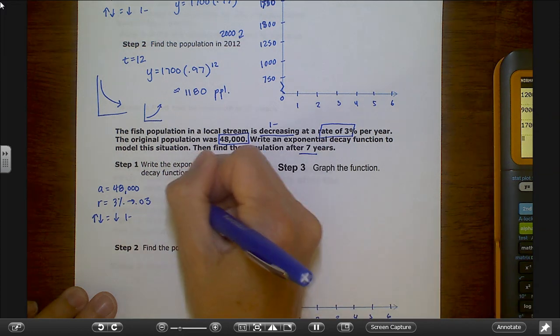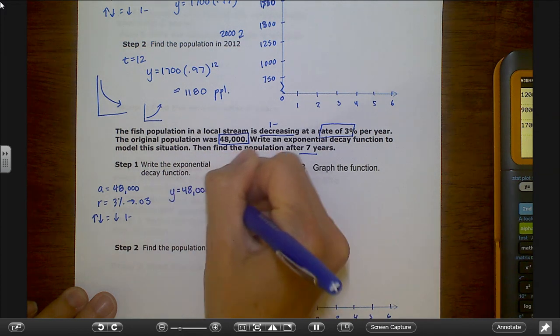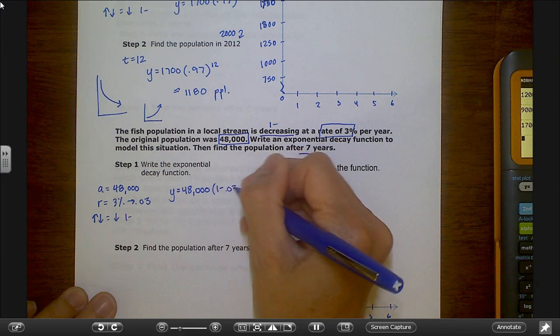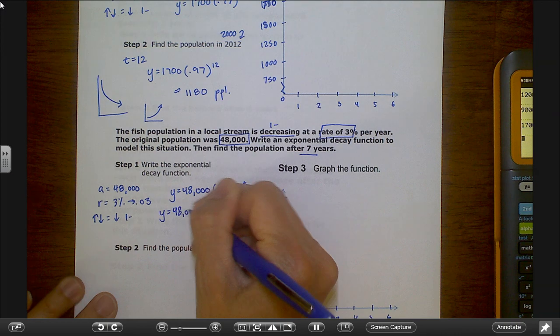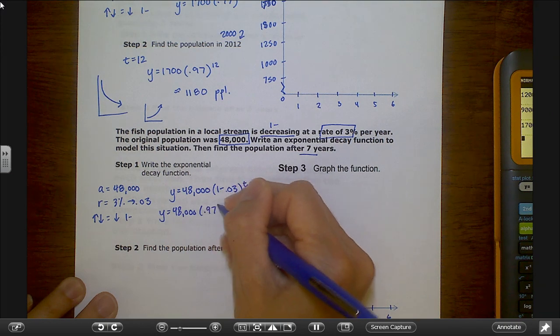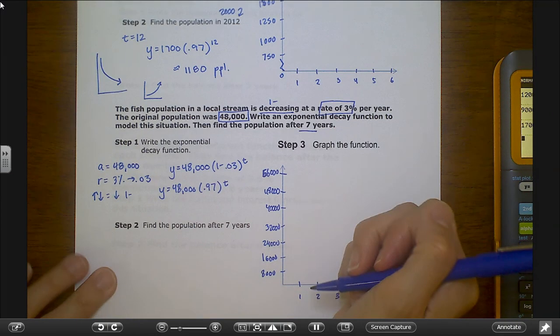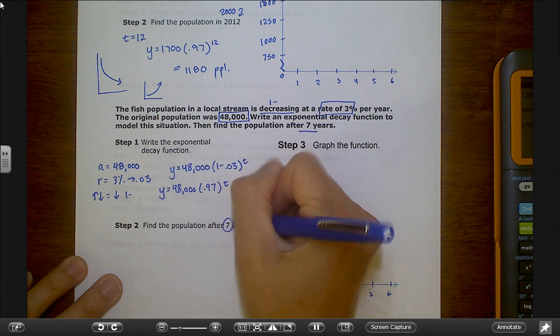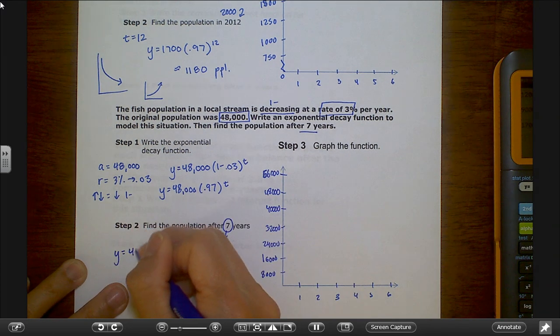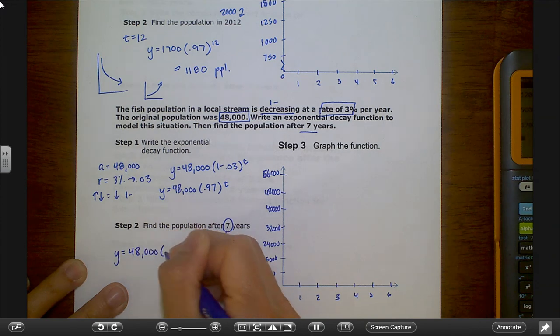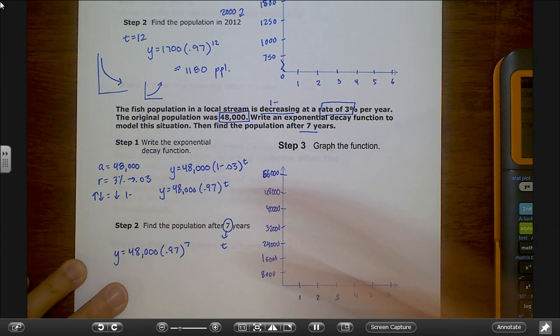So my function is y equals 48,000 times 1 minus 0.03 to the t, or again, 48,000 times 0.97 to the t. Find the population after 7 years, plug 7 in for t. So y equals 48,000 times 0.97 to the 7th.